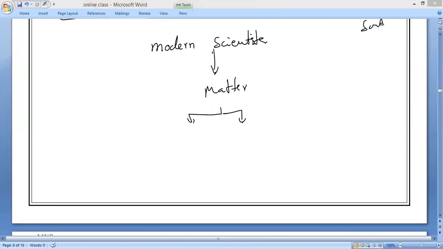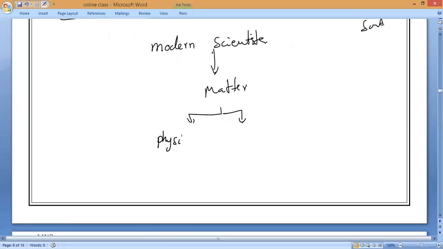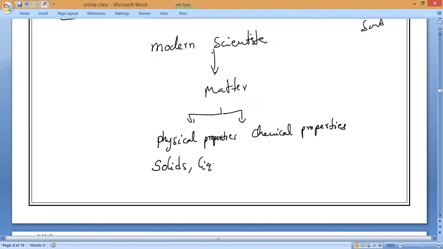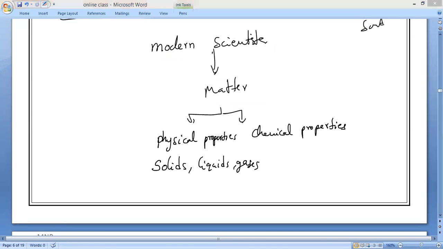So matter is classified in two different ways: based upon physical properties, and based upon chemical properties. Based upon physical properties, they classified matter into three substances: solids, liquids, and gases.